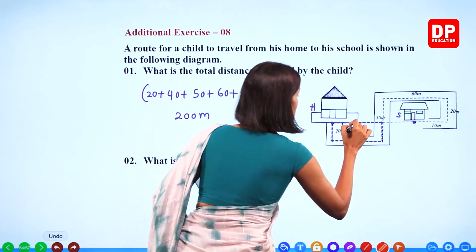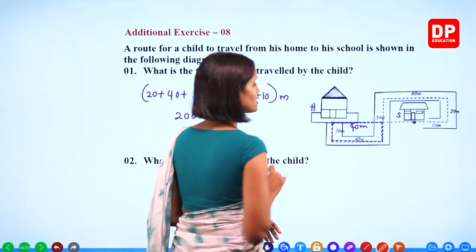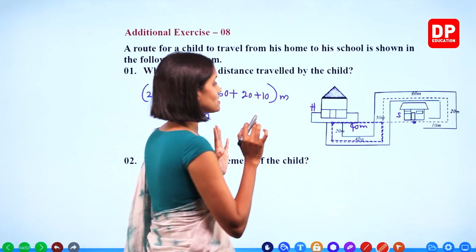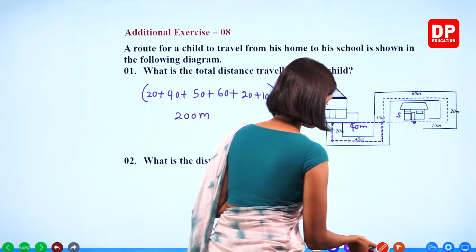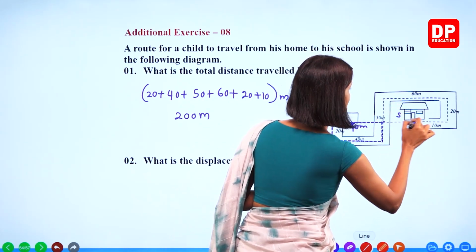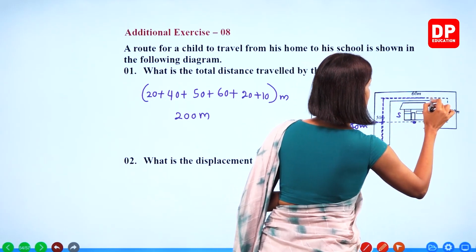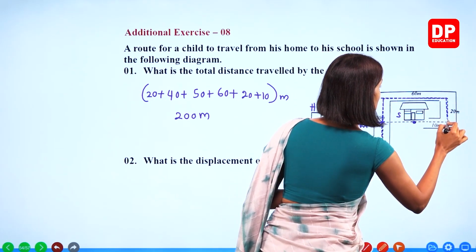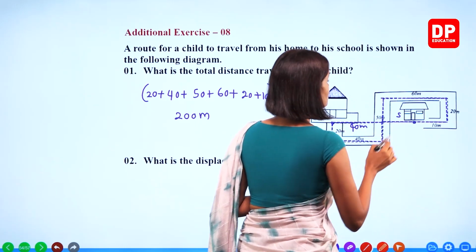Right. We can take this length as 40 meters. Now we have to find the length between this one and this one. The same way, you all can see there's another rectangle here, using this line, this line, this line and this line. Right?